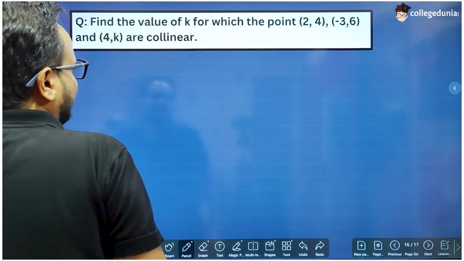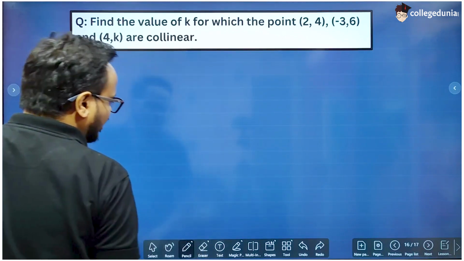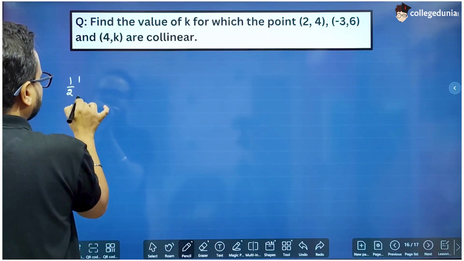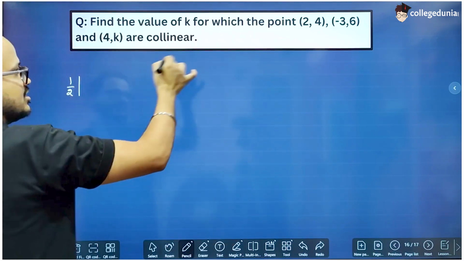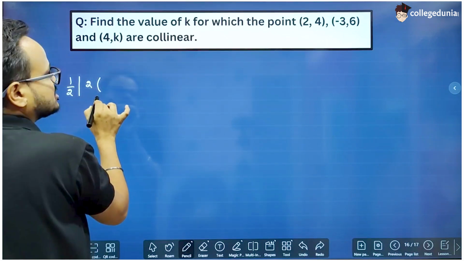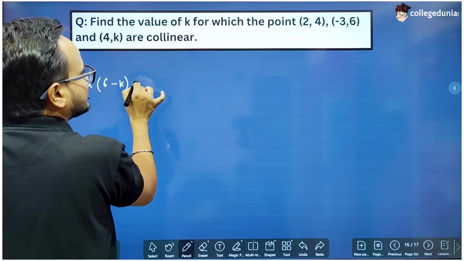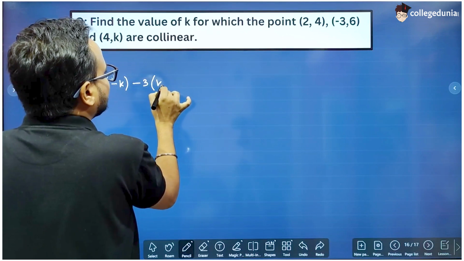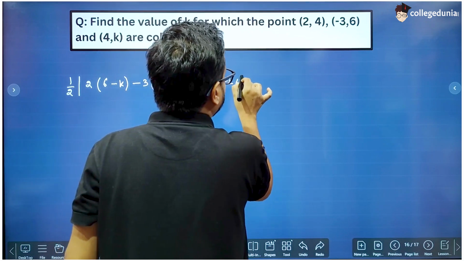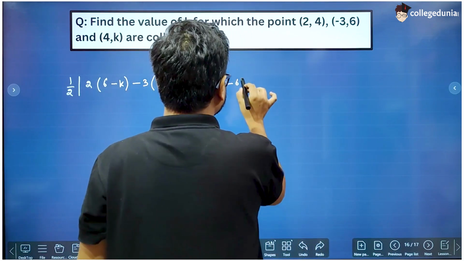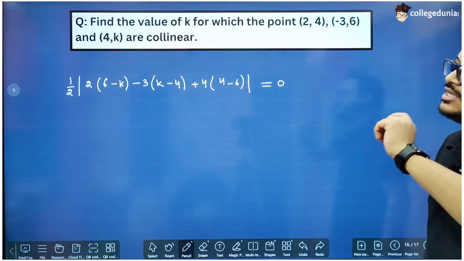Now it is given that these 3 points are collinear and we have to find the value of k. So put these points in the formula for area of triangle. Take this one as x1, y1, that one x2, y2, this is x3, y3. So starting with 2, x1 (y2 minus y3) plus x2 (y3 minus y1) plus x3 (y1 minus y2), and put them equal to 0, because we don't have to prove in this question that these 3 points are collinear.